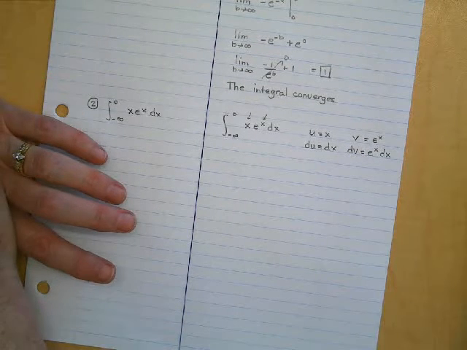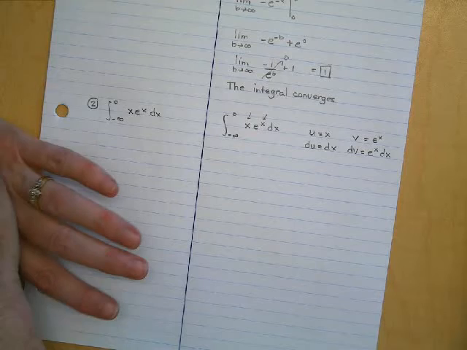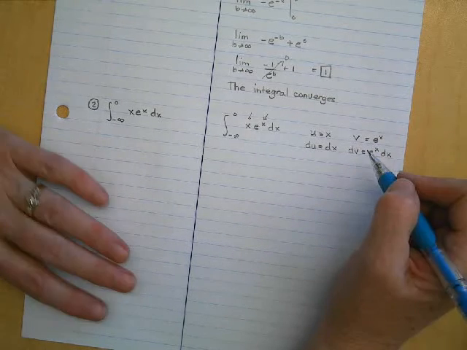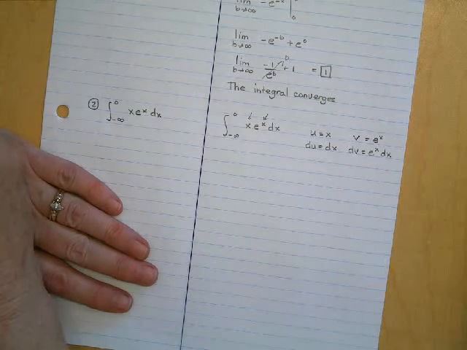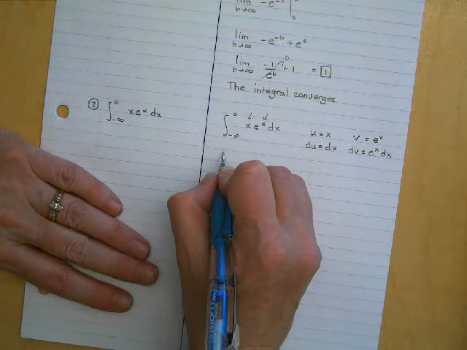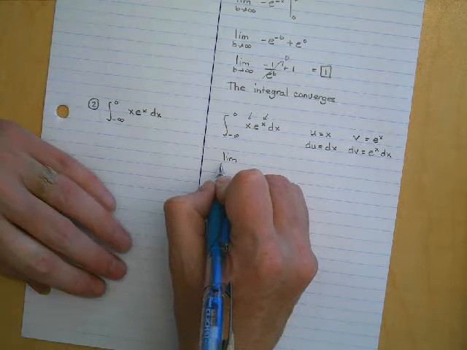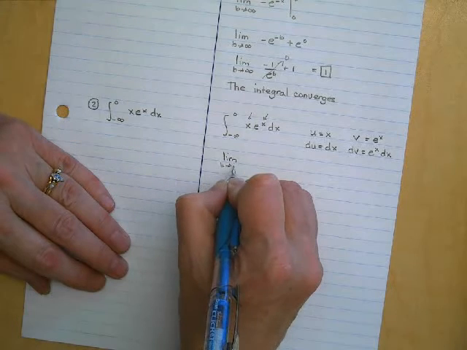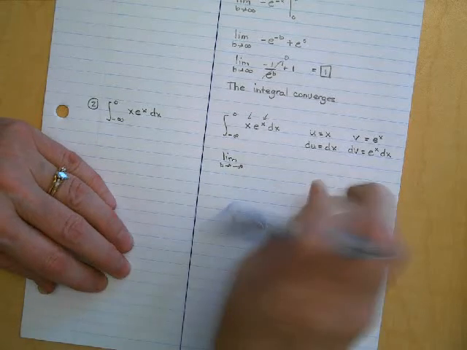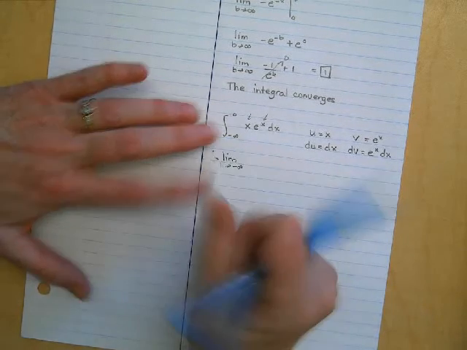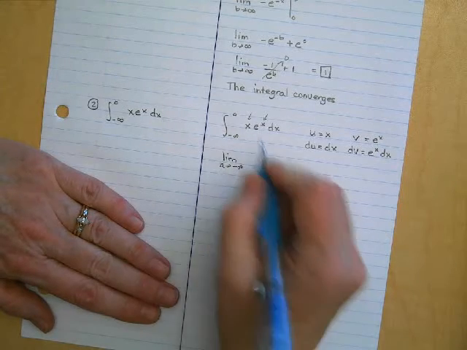If you forgot how to do that, which I wouldn't blame you, go back and look it up with our integrals. Now I'm going to go ahead and rewrite this as the limit as b approaches negative infinity. Actually, I think I'm going to call it a. Let's make it an a.